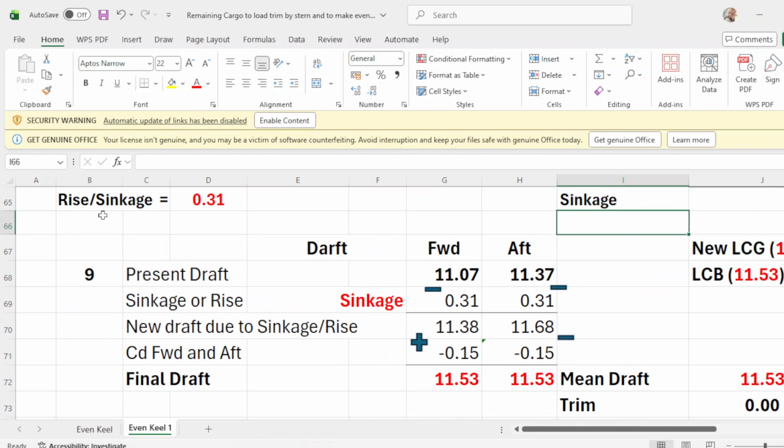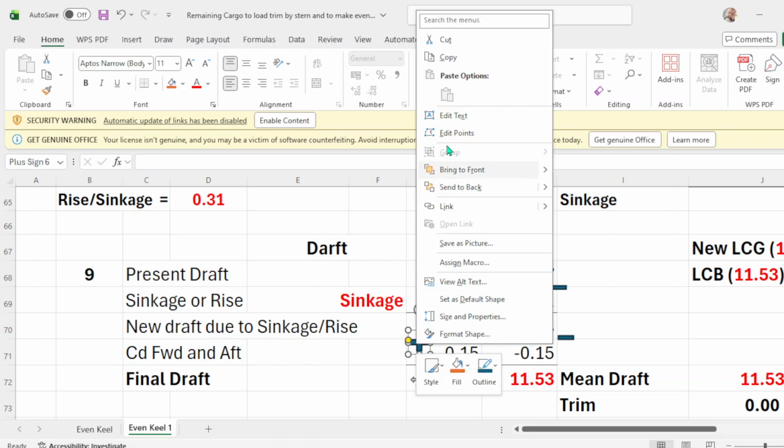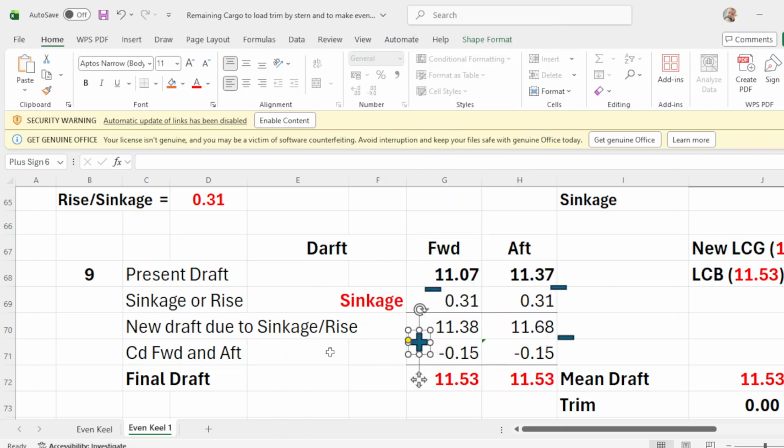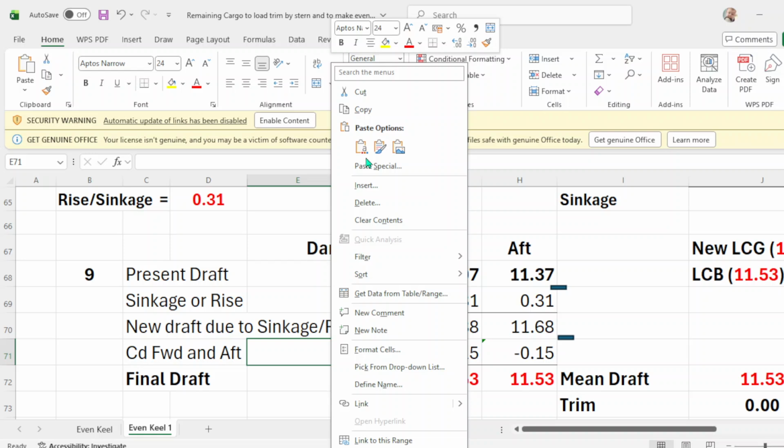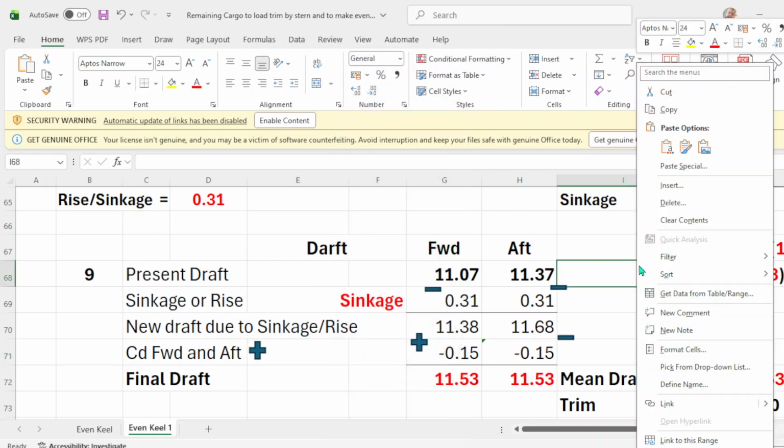Apply your sinkage, which is 0.31, and this should be additional. Okay. Copy, paste, paste.